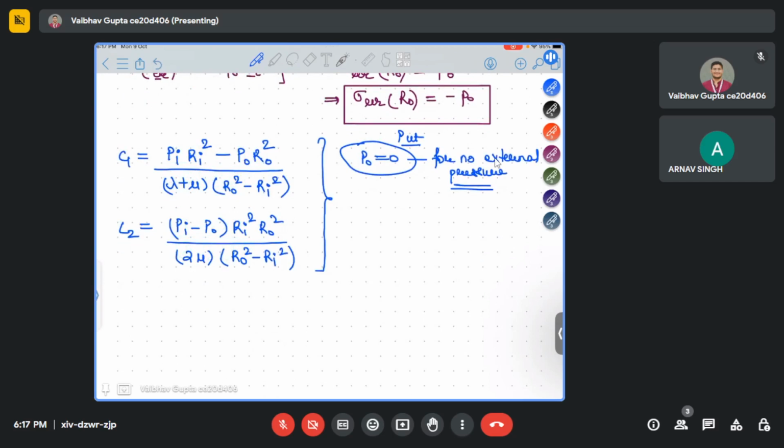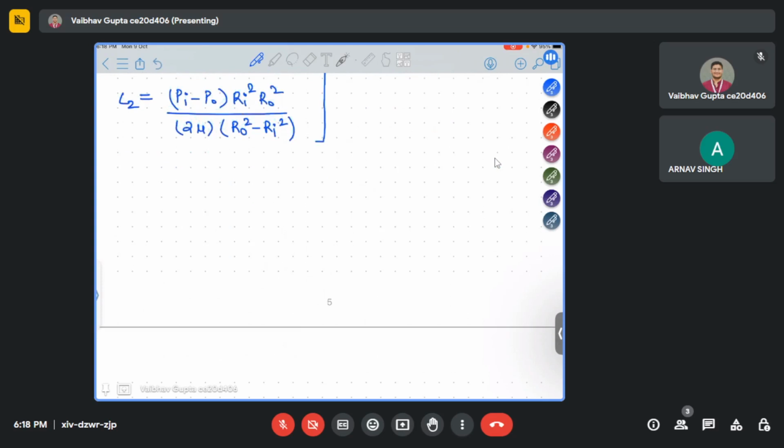Now finally, the motive of finding all these things is to find the stresses in the radial direction, in the circumferential direction, and in the axial direction. The circumferential direction stress is known as hoop stress. I'll write that also. Sigma r, known as radial stress as a function of radius, is equal to lambda plus mu c1 minus 2 mu c2 by r square.